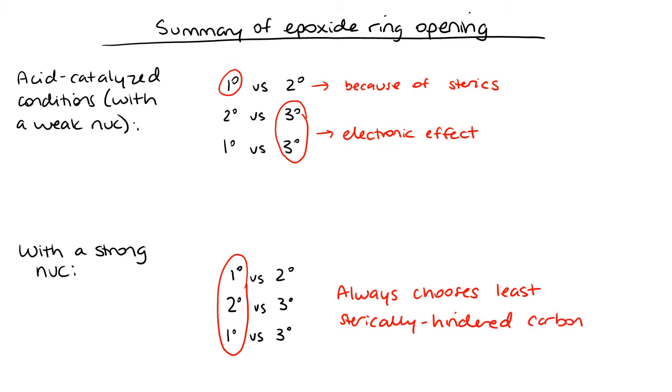Okay, so in all of these cases, primary versus secondary, it'll choose the primary carbon. Secondary versus tertiary, it'll choose secondary. And primary versus tertiary, it'll choose primary.